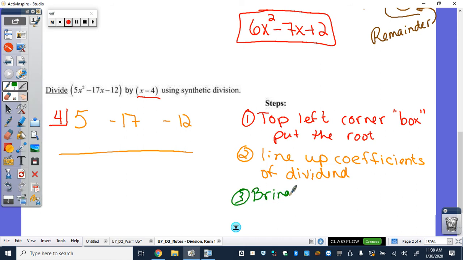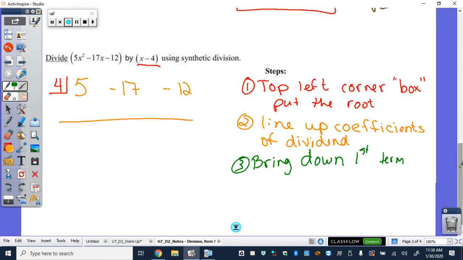Third step was bring down the first term. So we're bringing down that 5. That first one always just gets brought down the way it is.